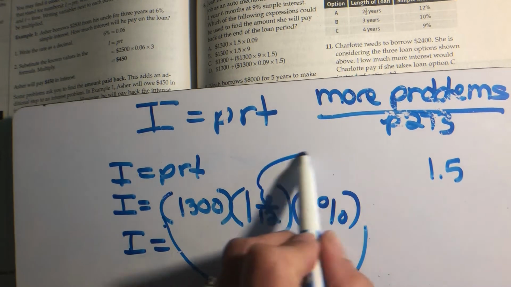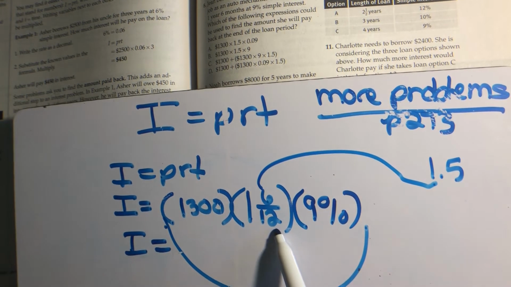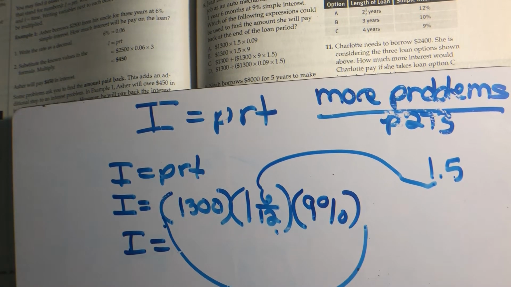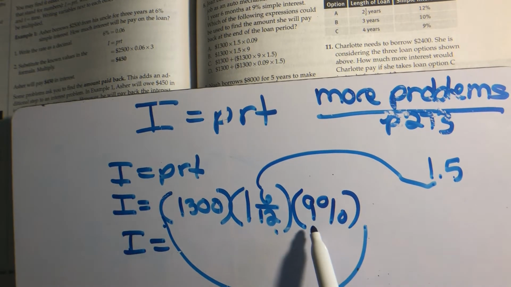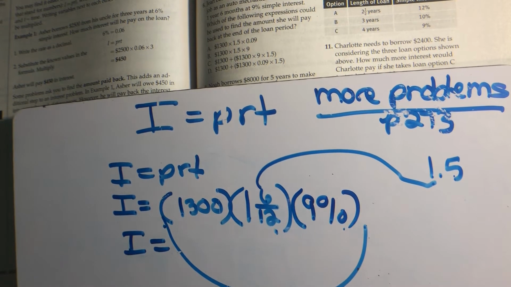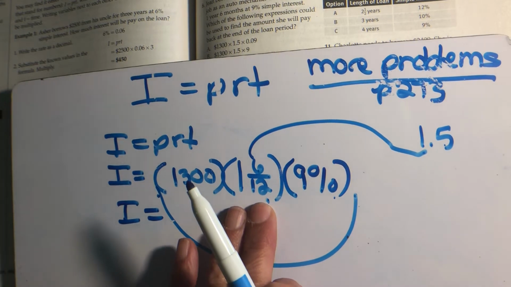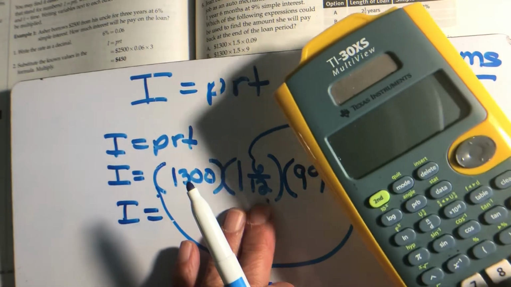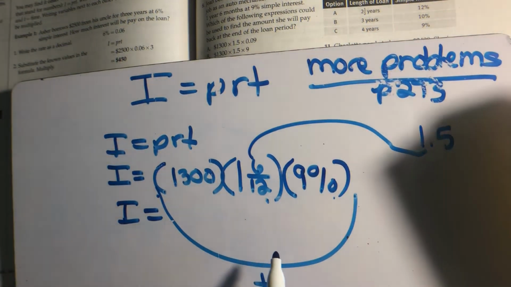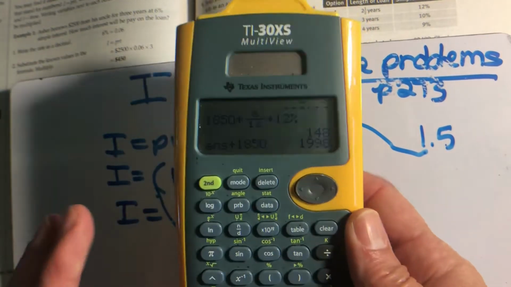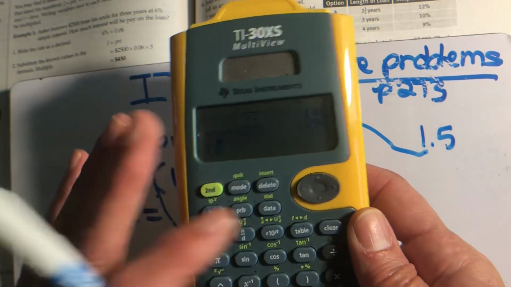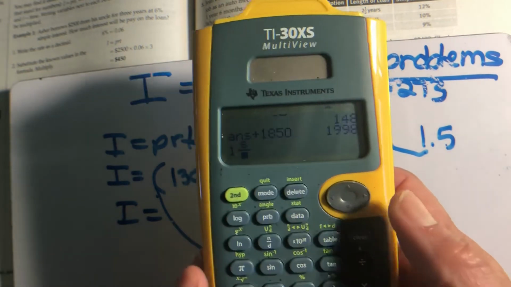And hopefully you can make the connection that 1 6/12 is 1.5, and the 9% would be the 0.09. If it bothers you, use your calculator to change it to a decimal. So you put 1 6/12 in. Let's just do that together. So 1 second N over D, 6 over 12.